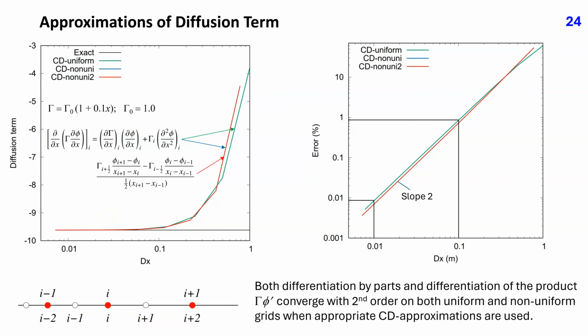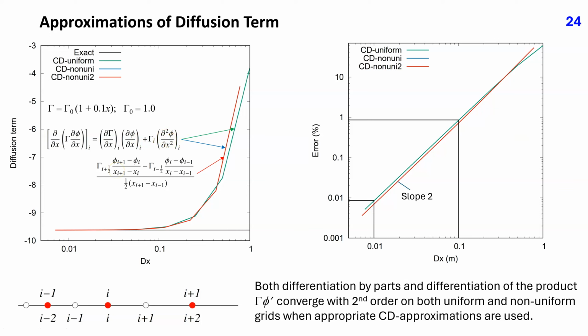Finally, let us check the order of approximations of the diffusion term when the diffusion coefficient is not constant but varies linearly in x direction, as indicated by this expression. One approximation is based on differentiation by parts, as shown by this expression. The diffusion term has then two contributions: the product of the derivative of the diffusion coefficient with the first derivative of phi, plus the product of the diffusion coefficient at x equals 0 with the second derivative of phi at the same location.